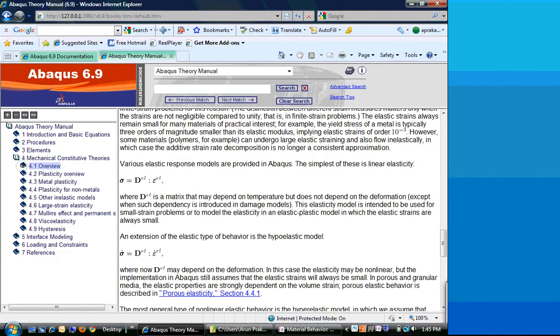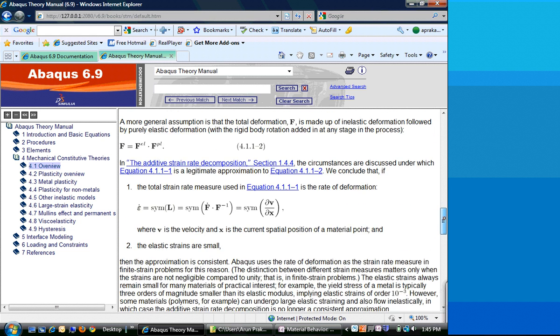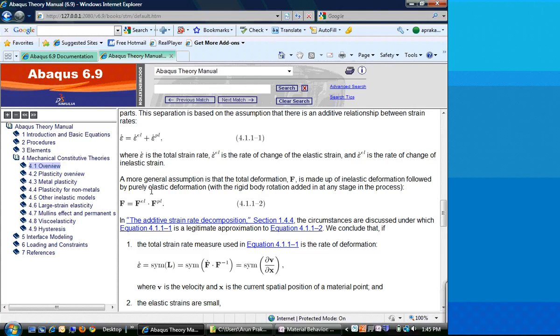But if you look at the overall things here, you can see some elastic models, large strain elasticity, and versus some plasticity models. So this is just trying to give you some overall picture of what these models are. If you go to any of these models, they all follow these kinds of notation.